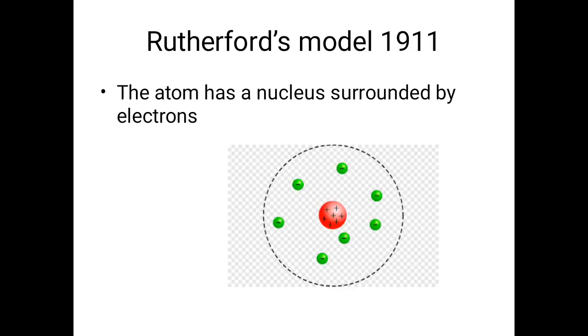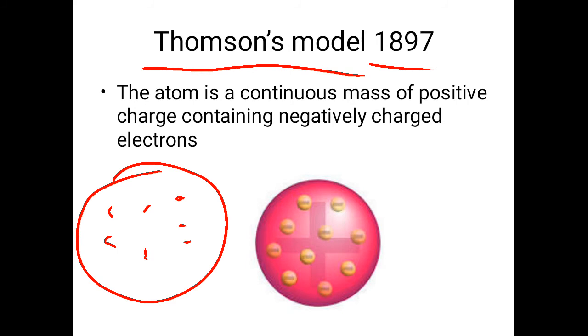The next model was put forward by Rutherford. Rutherford proposed his model in 1911. And he said that the atom has a nucleus surrounded by electrons. Now, when we look at the plum pudding model, the negative charge is equally spread all over the sphere of the atom.